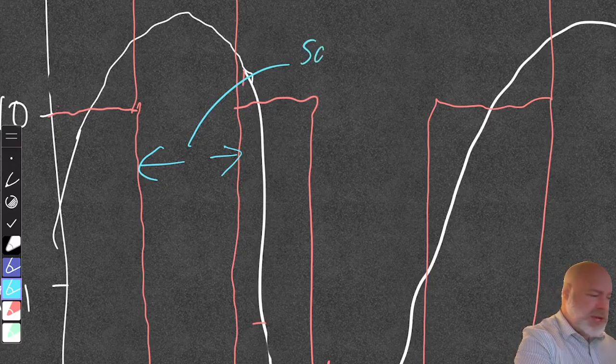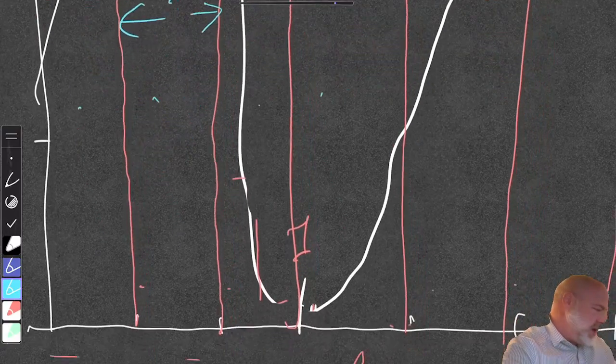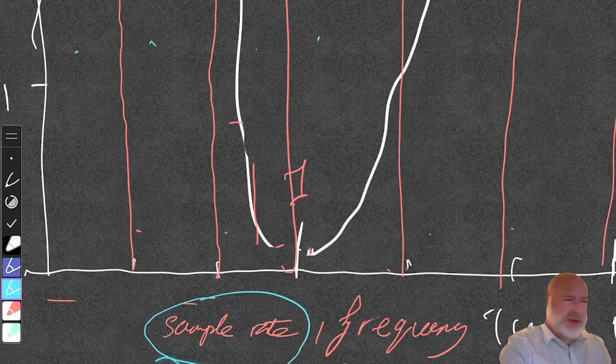So this label here would be the sample interval. That's the sample interval, and the number of samples over a given time period would be the sample rate. Okay, that's the number of samples over a given time period.